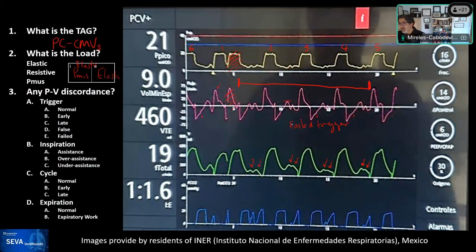So we change it to pressure triggers to hide failed triggers on a patient that is very weak and is breathing very little. Or these are just cardiac oscillations because it's not triggering breaths. Perhaps these two could be false triggers. Breath number 1 and breath number 6 could be false triggers.